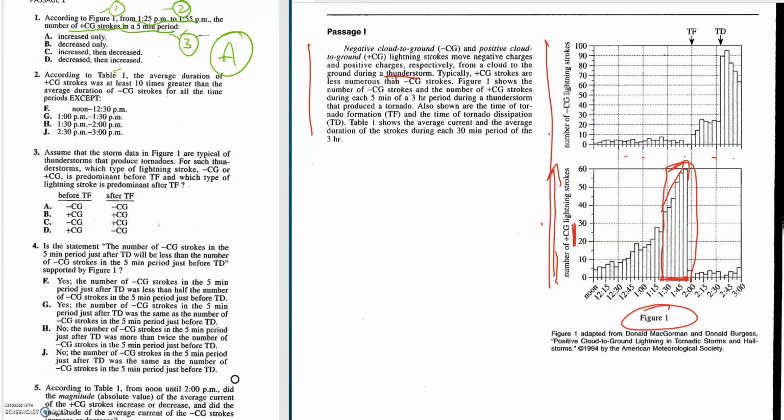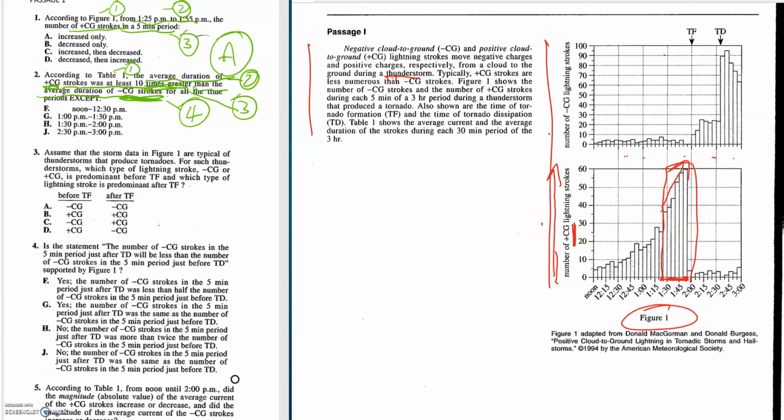According to table 1, okay, that's going to be step 1, is find table 1. The average duration of plus CG strokes. Alright, so that'll be number 2, is find the duration of that. Was at least 10 times greater, 3 will be finding out if it is, than the average duration of... Okay.